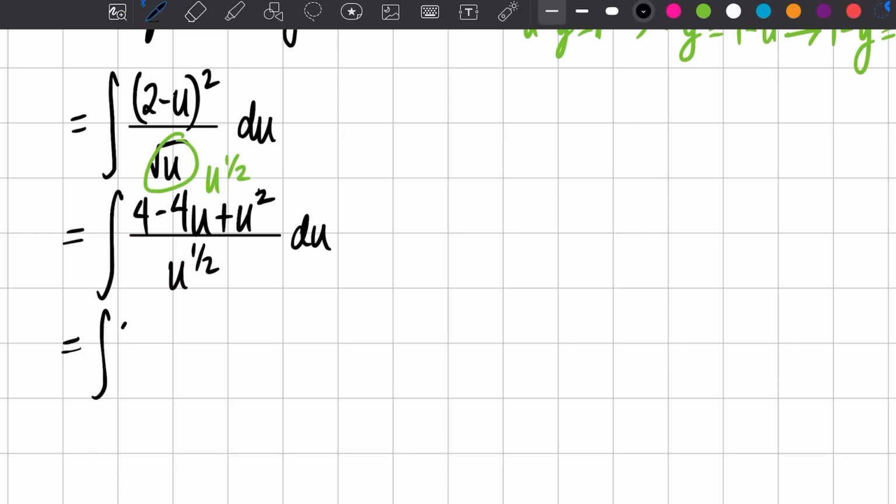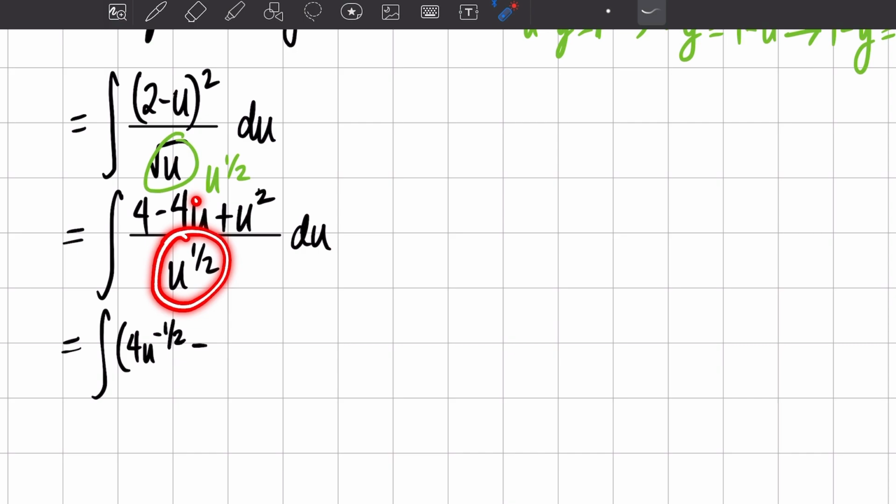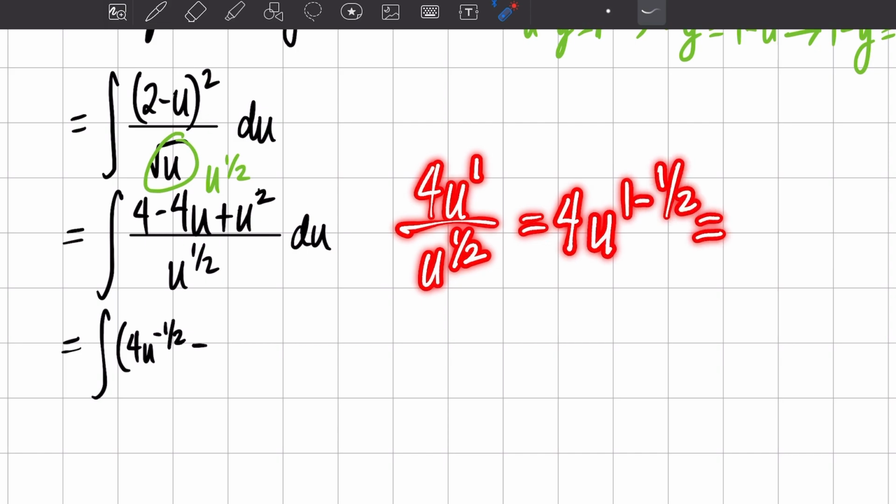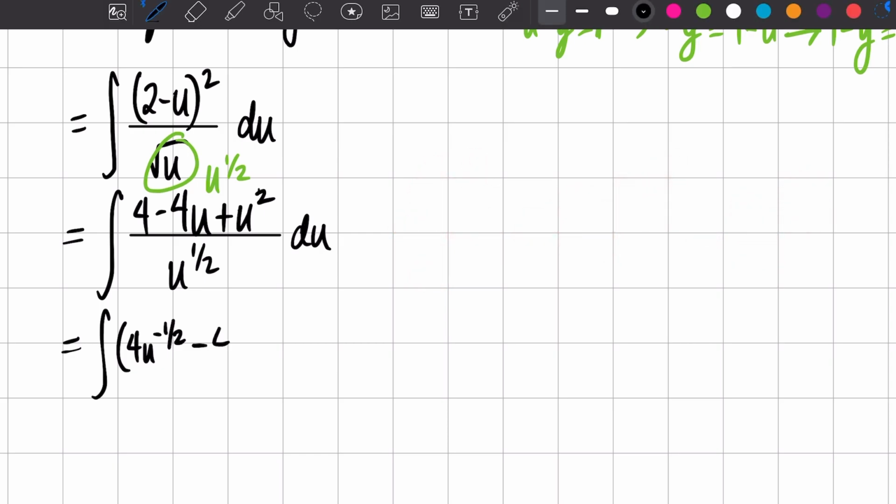So that's the same as 4u raised to negative 1 half minus, you have 4u here all over u raised to 1 half. So that's 4u raised to 1 all over u raised to 1 half. And this one will just be equal to 4u raised to 1 minus 1 half, which is 4u raised to 1 half.